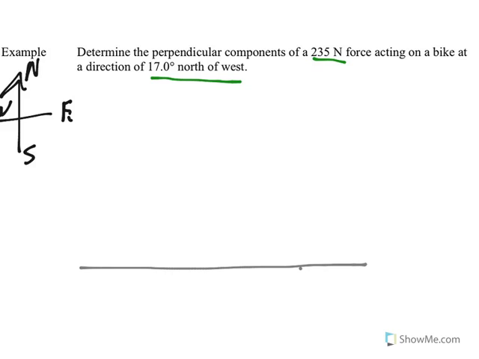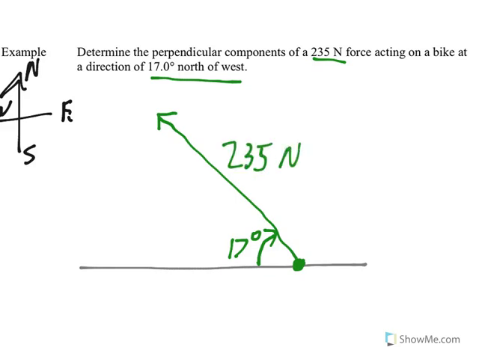This vector is 17 degrees north of west, so say its starting point's there, and it heads north of west. It heads out there like so, and it's 235 Newton.